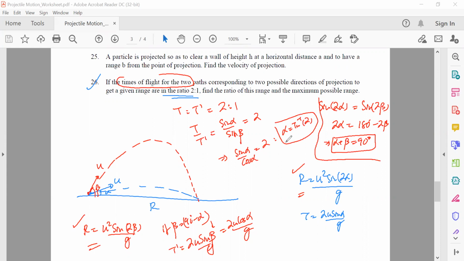So now you know that this is the value of alpha. Okay, now I'll come to the next part of the question. Okay, but write down this part first. Okay, so if you're getting the same range for two angles, alpha and beta, but the time of flight is in the ratio 2:1, then alpha must be tan inverse 2 and beta therefore must be 90 minus tan inverse 2.